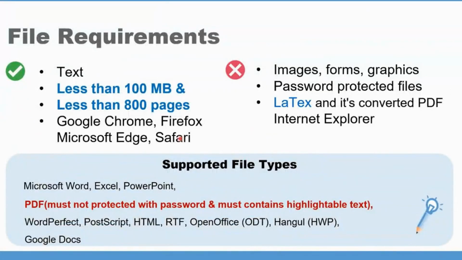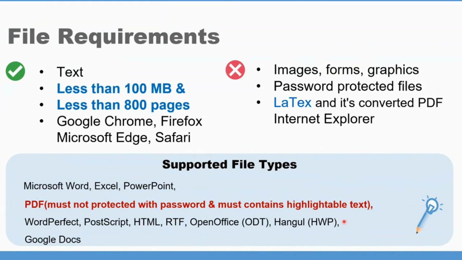Before submitting your paper, please ensure your file meets the file requirements for the system to check similarity. Turnitin only checks the text. It cannot identify images, forms, or graphics. Furthermore, files generated by LaTeX, a kind of document preparation software, also cannot be accepted by Turnitin.